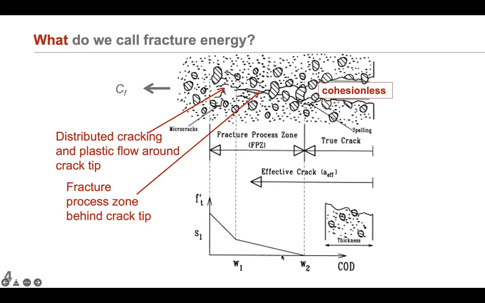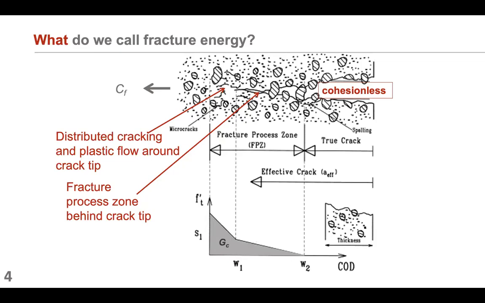The interesting thing is that the change in cohesion is also not purely linear with distance to the crack tip. So it means that, depending on the scale of observation, the fracture energy, which is a function of this area, can be scale dependent.